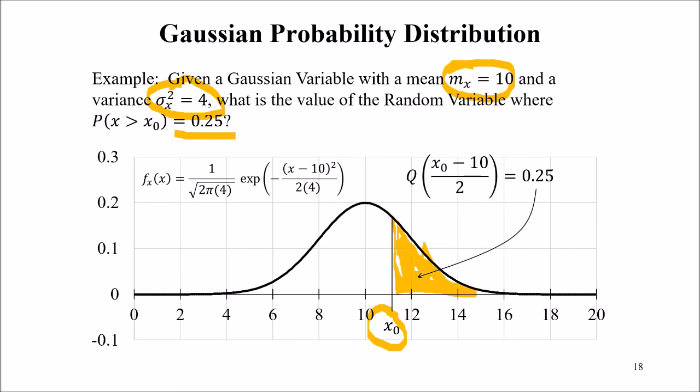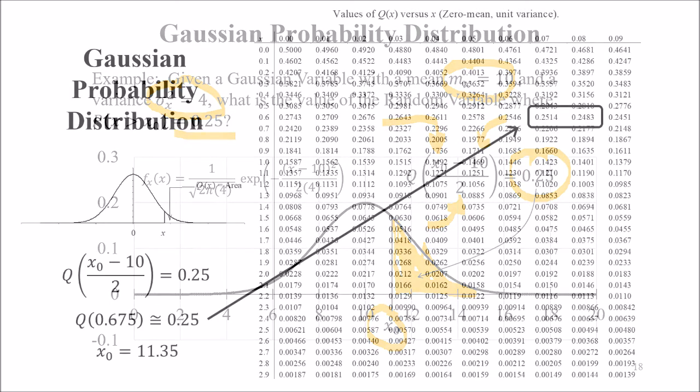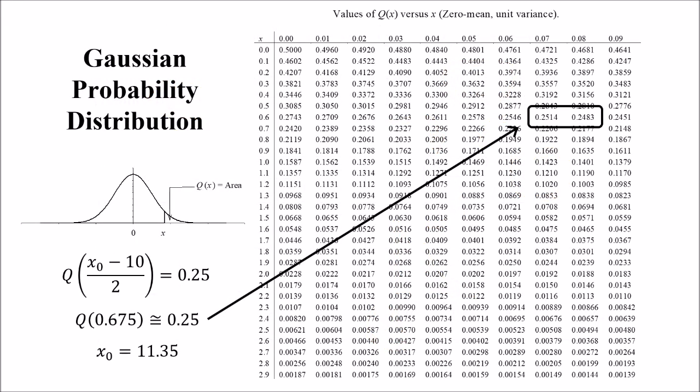So I know the mean value, I know the square root of the variance, so that's the standard deviation, and I know the area that I'm looking for. What I don't know is the value of x naught. So if we look at the table, we want Q of (x naught minus 10) divided by 2 to be equal to 0.25.